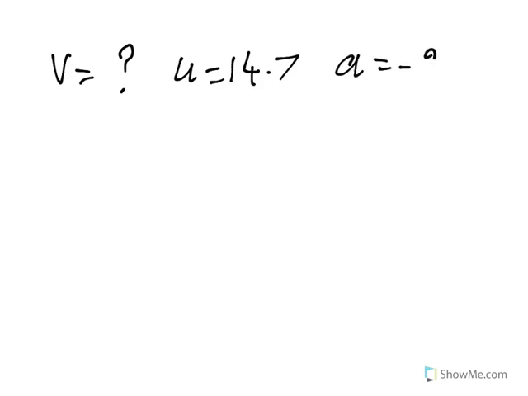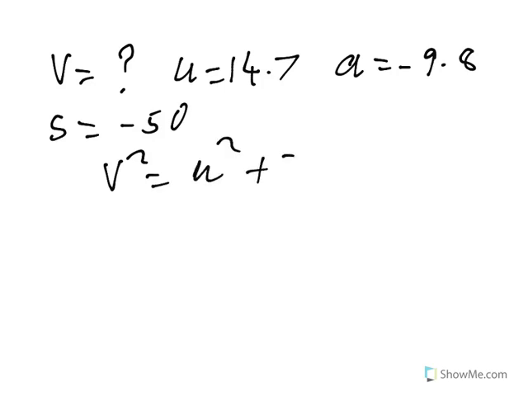Alright, part b asks us to find the speed when it hits the ground. That's what we're after. We have acceleration and displacement. This time v squared equals u squared plus 2as is the one we're going to use again.